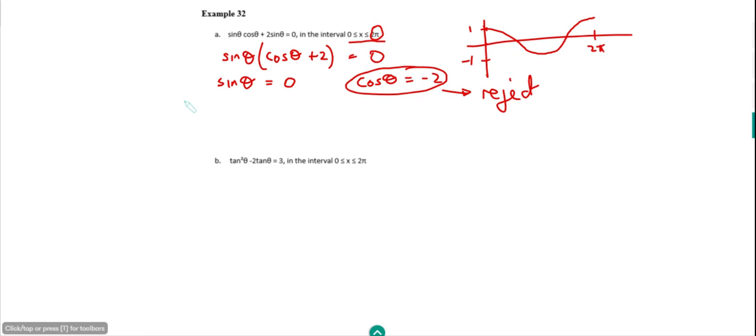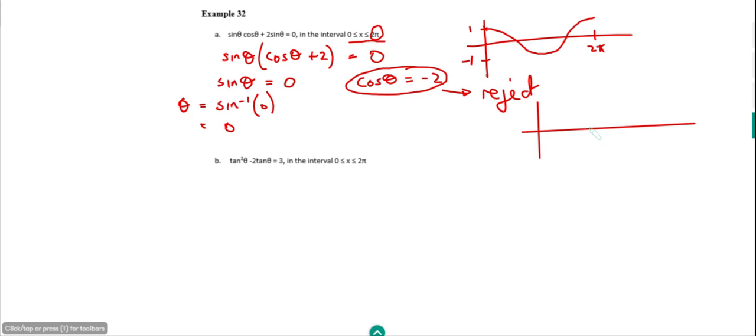So if we use our calculators, again set to radians mode, we'll get that theta is sine minus 1 of 0, and the calculator will give us 0 for that. And what we need to do is look at a sine graph.